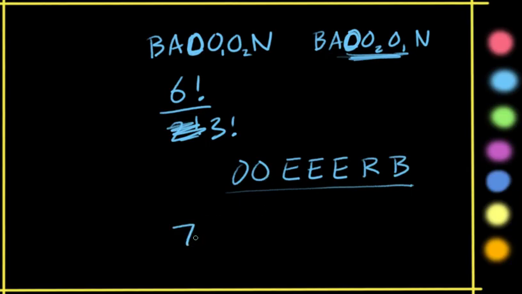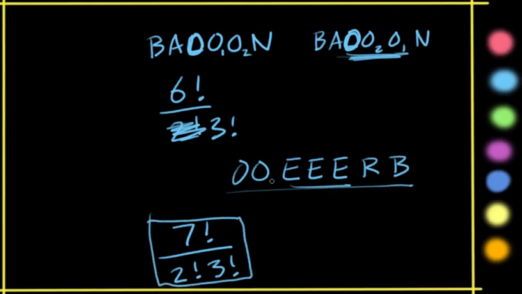So you'd have 7 factorial orderings, but then you have to divide by 2 factorial because there are 2 O's, and also by 3 factorial because there are 3 E's. So this would be the number of different unique orderings of these letters. Hopefully that makes sense.